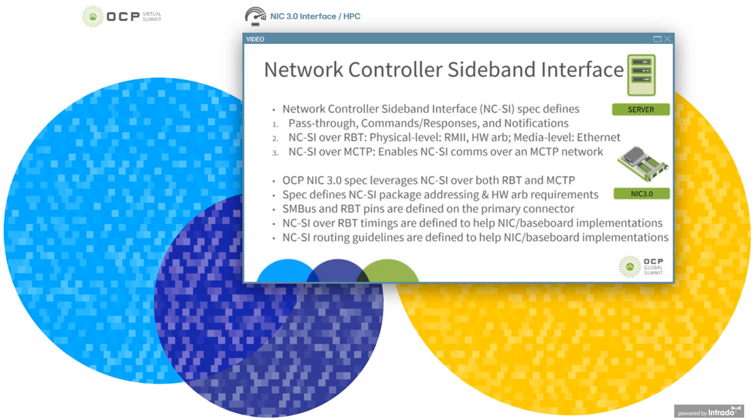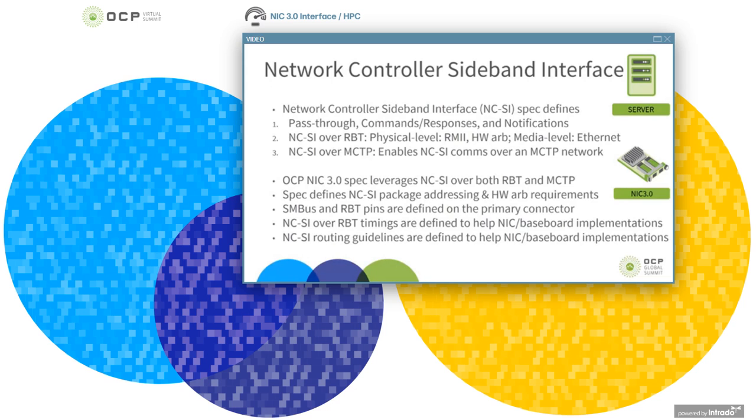Multi-drop requires the addition of hardware arbitration to pass tokens between up to four different OCP 3 NIC adapters, allowing each one of them to talk in sequence. RBT, being RMII-based, is essentially Ethernet, therefore the framing of NC-SI is Ethernet in nature.